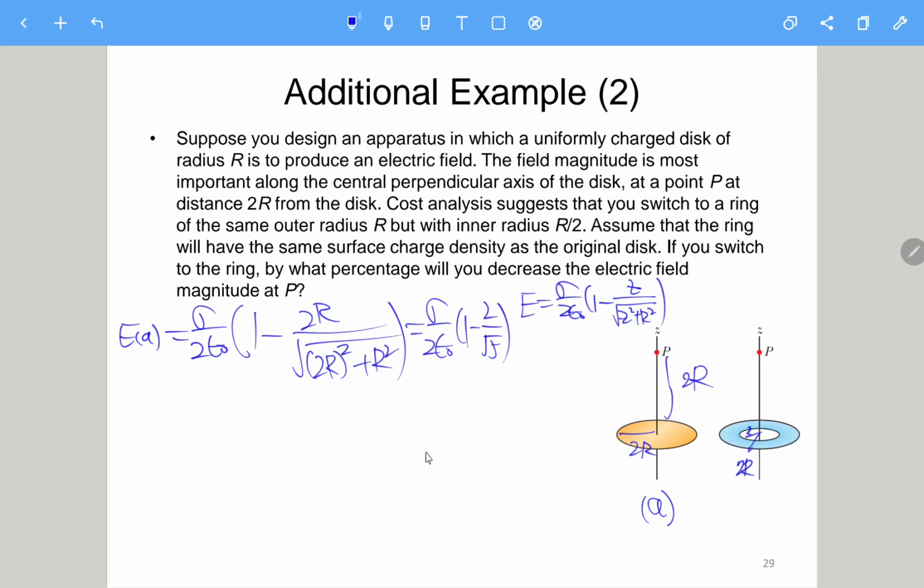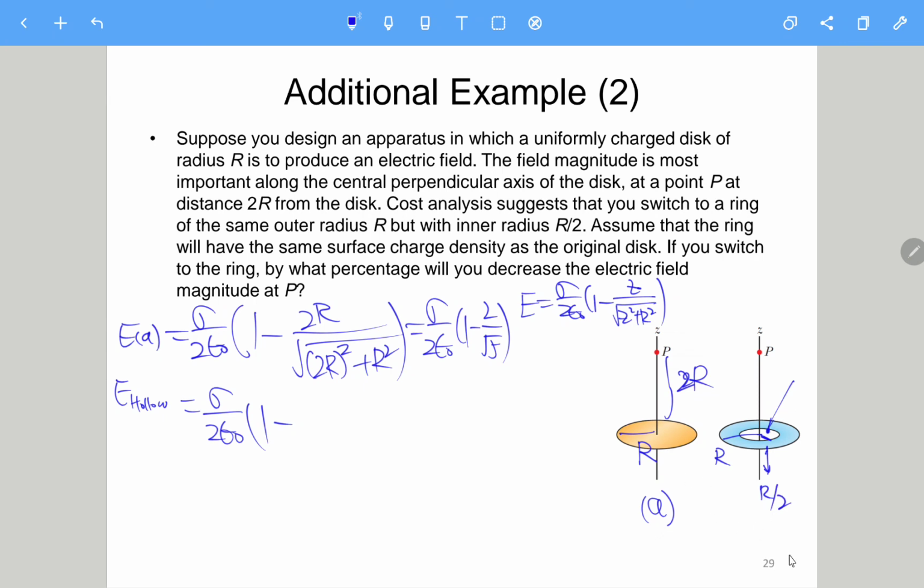Okay, so next we consider the E field generated by the hollow part, which is actually sigma over 2 epsilon naught times 1 minus... Oh, sorry, the outer radius should be r, this is 2r, and the small one is r over 2.